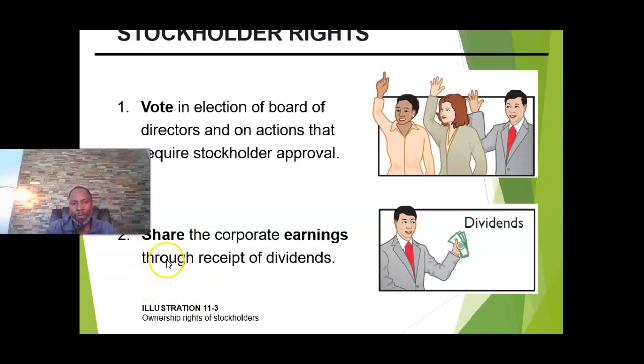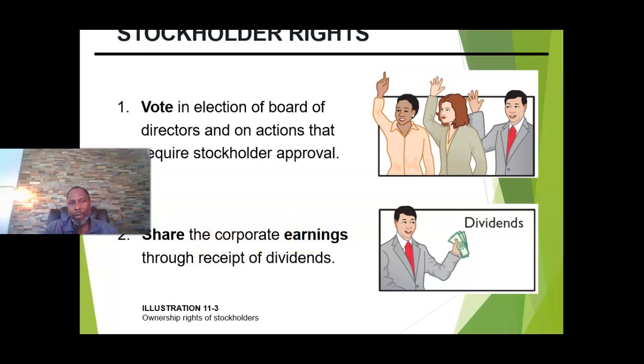The other right you have is the right to share in corporate earnings, what's called dividends. So often students try to record dividends as an expense. Dividends are not an expense. Dividends are payments to the shareholders of that corporation.